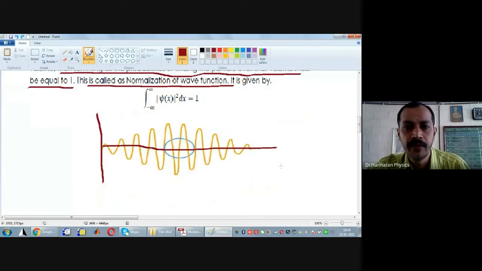Look here, for example. If I know that the particle exists somewhere within this region, suppose I call this distance lambda 1.